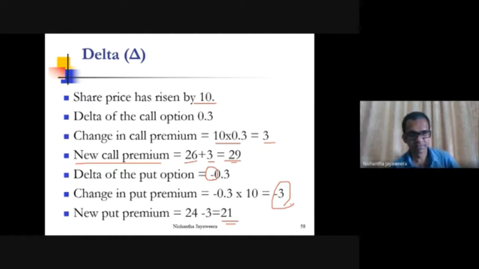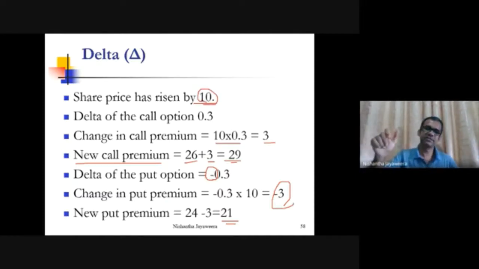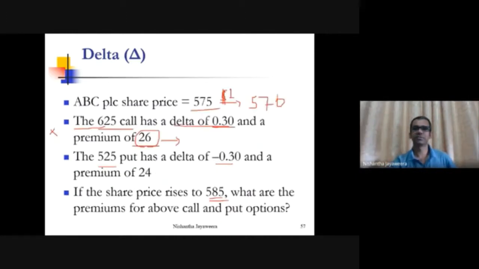But again, even though we calculated this for a $10 change, delta changes with the spot price. What is delta when the spot price is 575? It's not the same delta when the price is at 585.